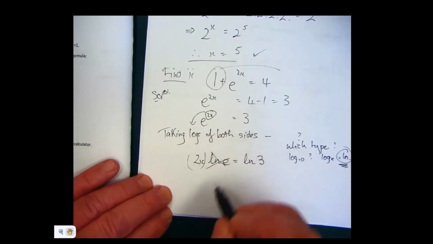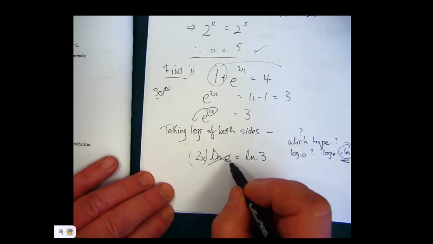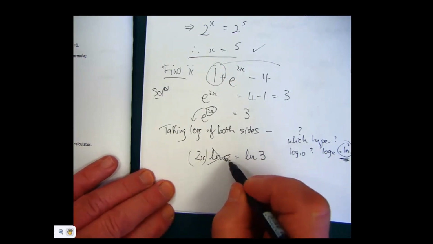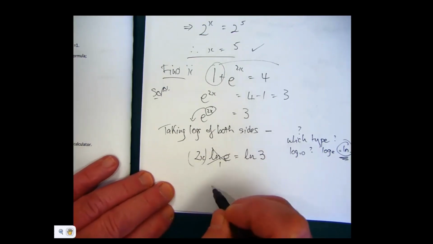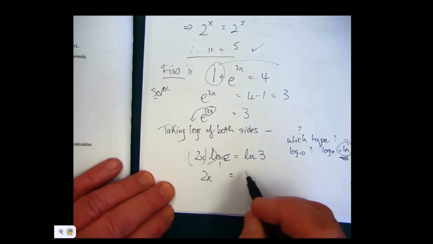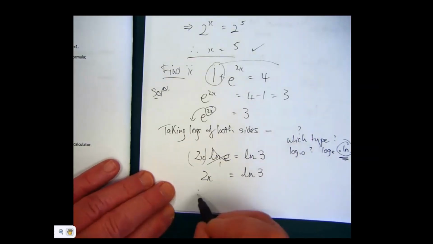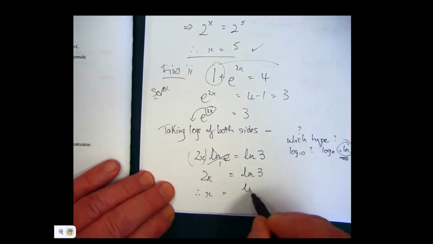So this, in fact, cancels out. Natural log e multiplied to the term of e is actually 1. So on this side we get 2x times 1, which is 2x, and then we've got natural log 3. So finally x will equal natural log 3 divided by 2.